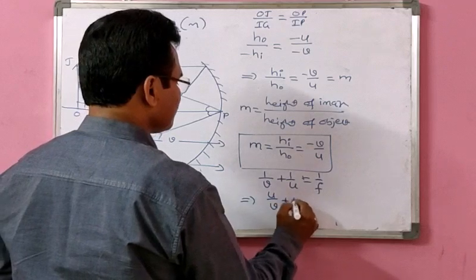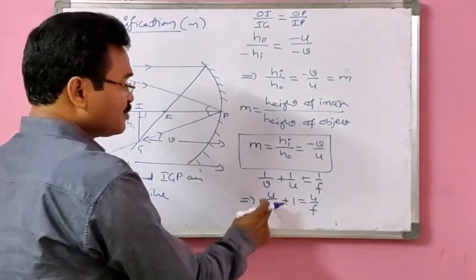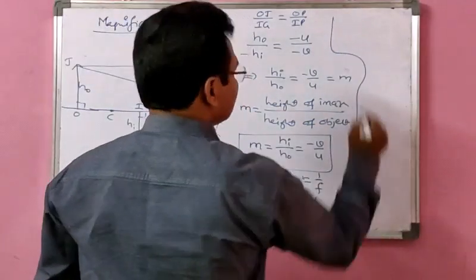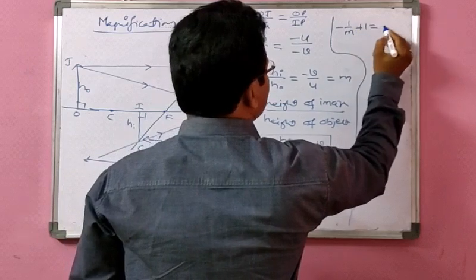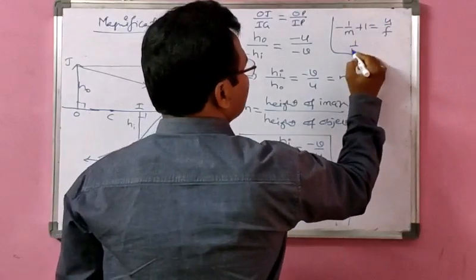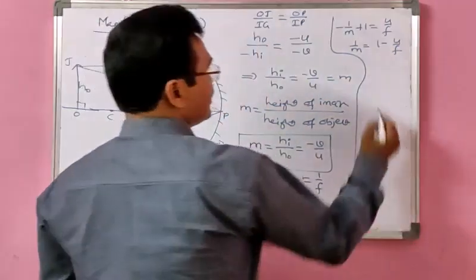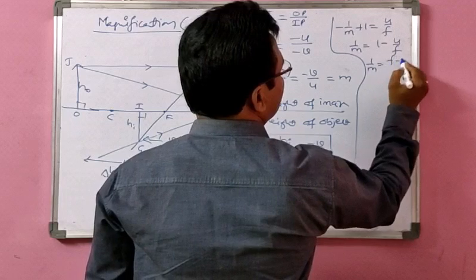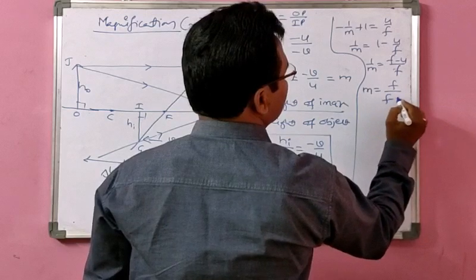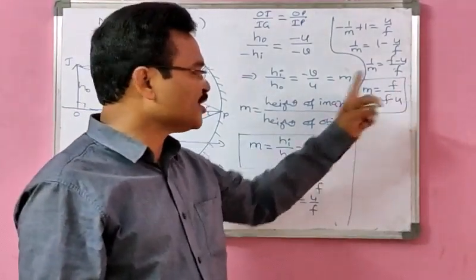U by V plus 1 equals U by F. U by V equals minus 1 by M, so minus 1 by M plus 1 equals U by F. So 1 by M equals 1 minus U by F. Then 1 by M equals F minus U by F, meaning M equals F by F minus U. That is the magnification in terms of focal length and U.